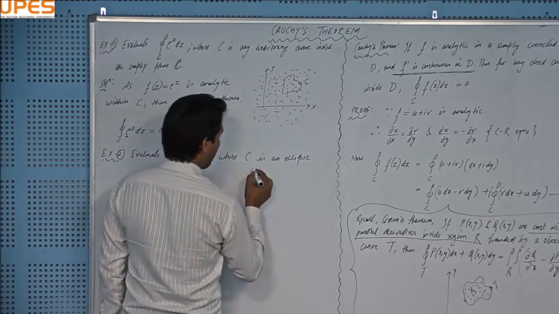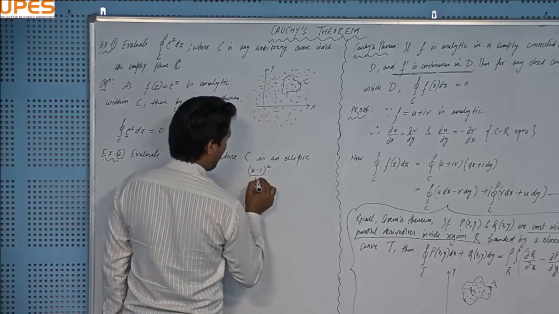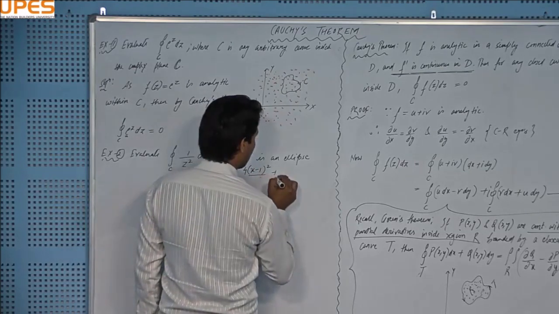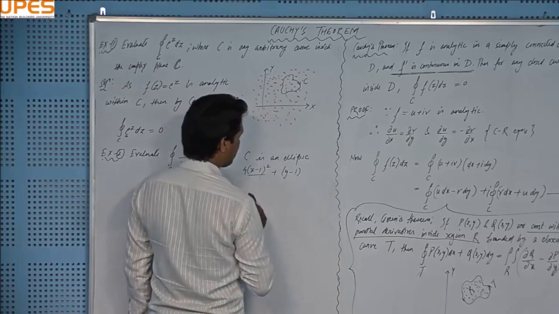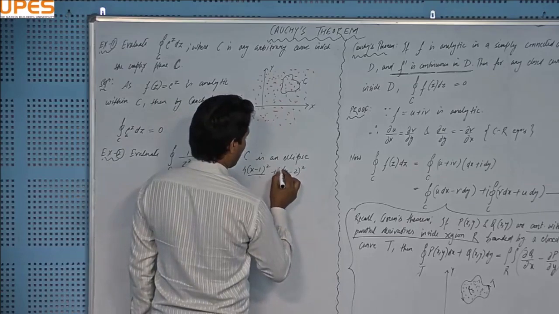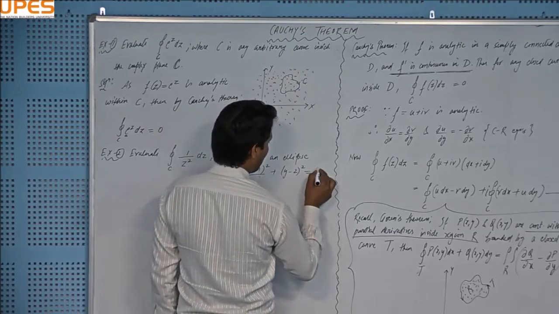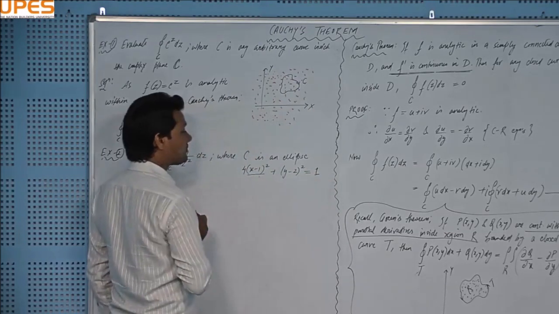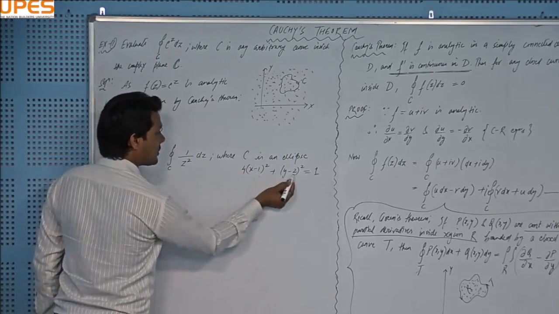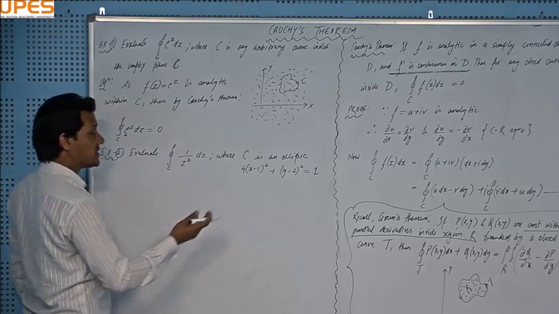And the ellipse has equation x minus 1 whole square by 4, plus y minus 2 whole square by 1, equal to 1. Fine. So this is an ellipse centered at 1 comma 2, right, and with axes 2 and 1, right, major axis and minor axis.